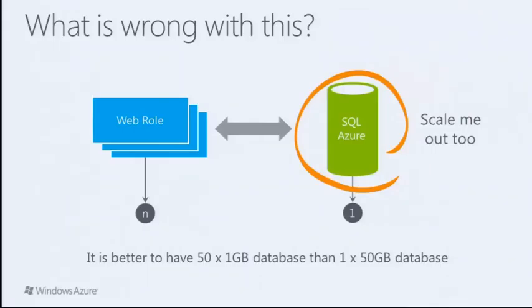I normally encourage people to scale out for throughput before they scale out for size. It's better to have 50 one-gig databases than it is having one 50 gig database, purely because we potentially can put 50 servers onto that same workload. So do think about that. And it's the same principle as a website.